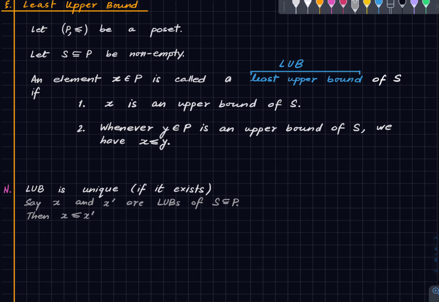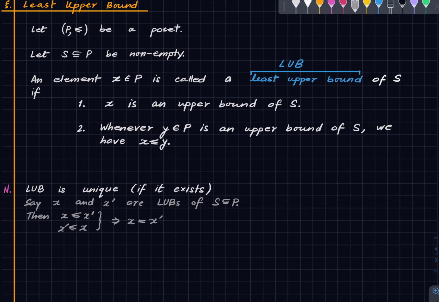Why does this happen? This is a least upper bound while this is for the moment just some upper bound, and hence we have this inequality by definition of a least upper bound, and for the same reason we have the reverse inequality, and these two imply that X equals X prime, and hence we cannot have two distinct least upper bounds.